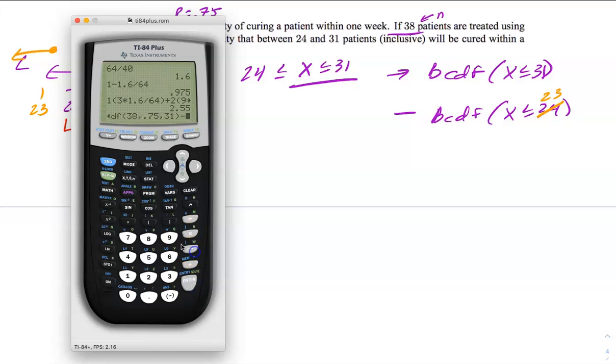Then I'm going to subtract from that a CDF of 38, 0.75, but 23 because I want to keep the 24. Hit enter, and when I do that, I get 0.837, which is the correct answer. And that's a lesson worksheet.